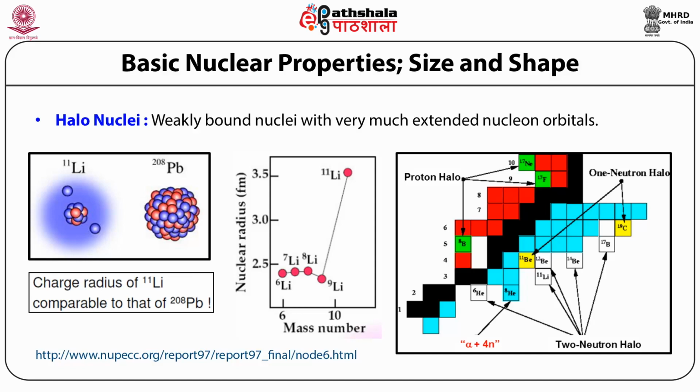And it is not only the lithium 11 nucleus which is considered as halo. In further experiments, people have seen that there are a number of nuclei which can be considered as halo nuclei. And in the right hand side picture, a chart of nuclei is given where various nuclei, the proton nuclei and the neutron nuclei, including 2 neutron nuclei and 1 neutron nuclei, have been marked.